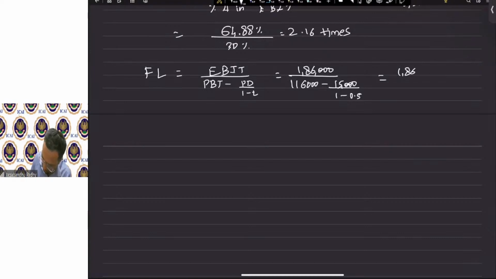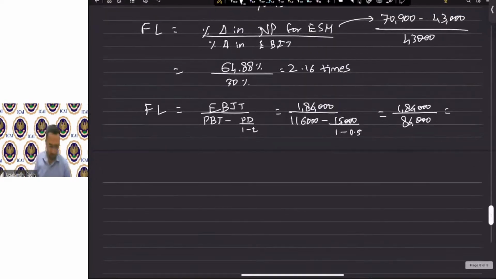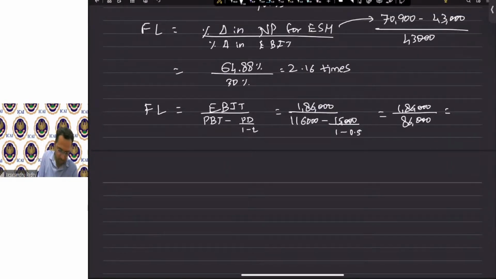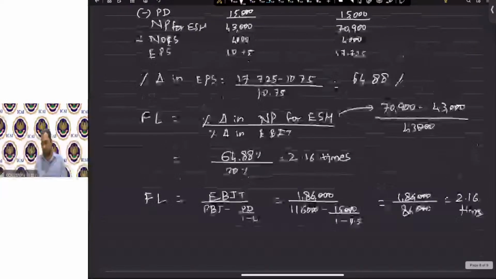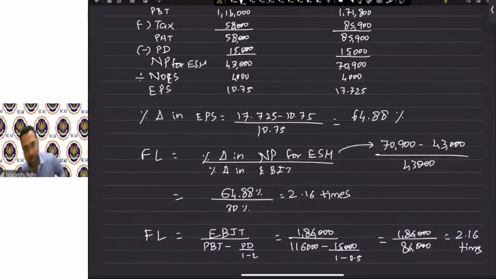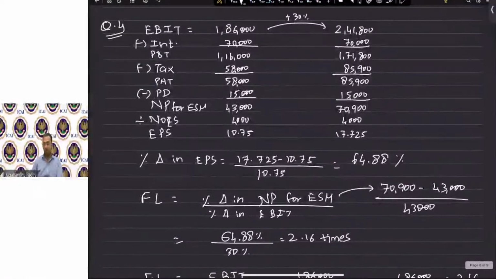So 15,000 divided by 0.5 is 30,000, and 1,16,000 minus 30,000 is 86,000. Just divide 186 by 86, that is 2.16 times. Either use the long way or the shortcut, we get the same financial leverage answer. Question 4, is it clear?